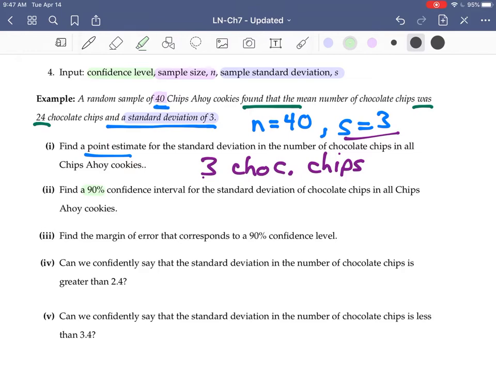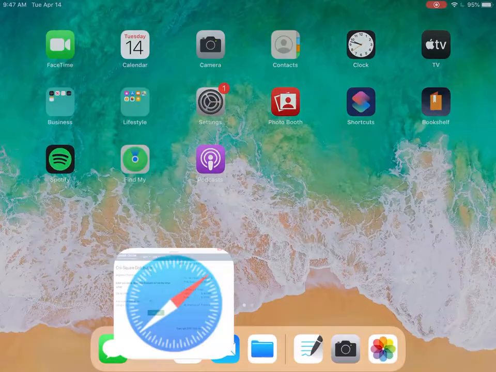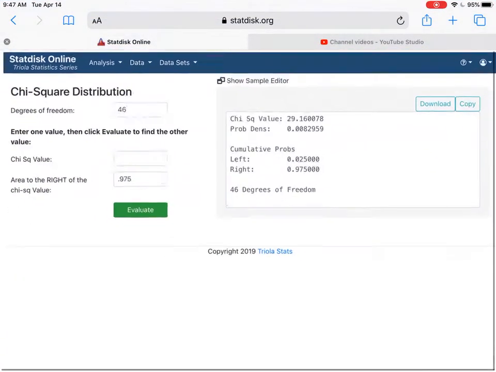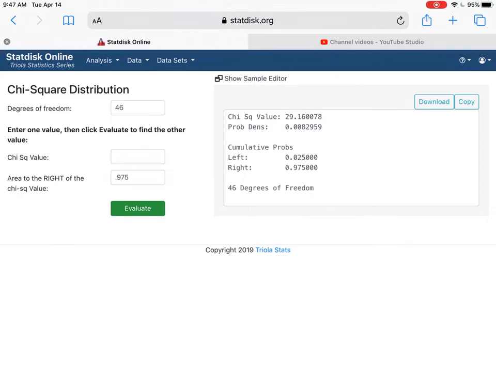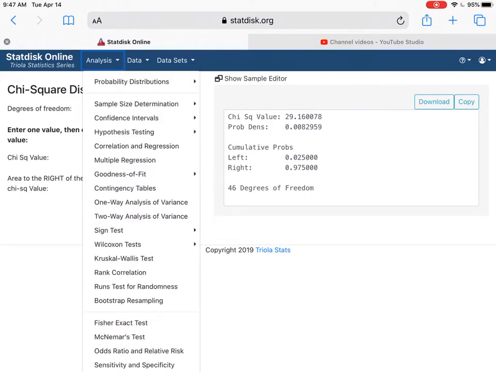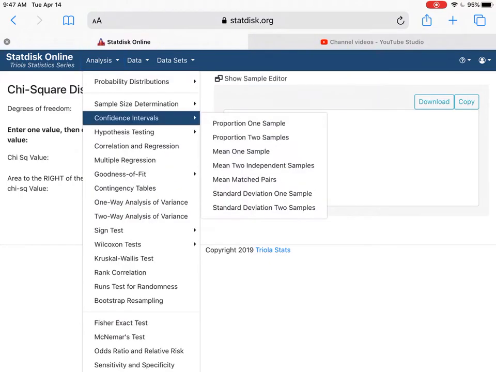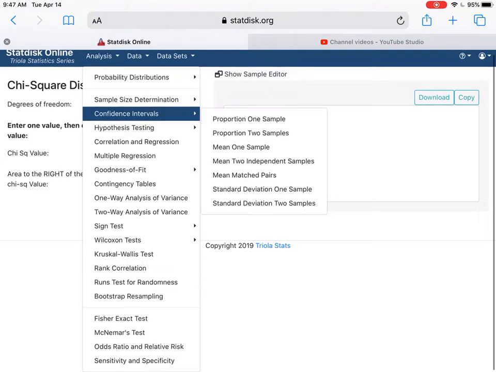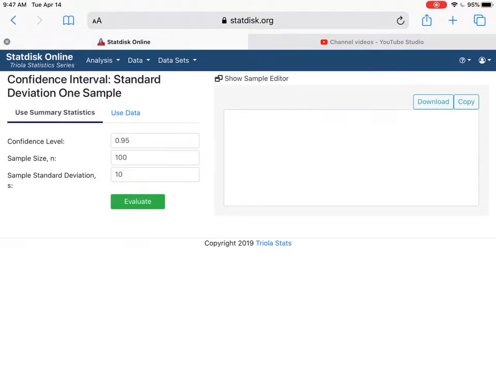We're going to go to StatDisk and construct this confidence interval. Here in StatDisk, we choose Analysis, then Confidence Intervals. We're trying to come up with a confidence interval for a standard deviation with just one sample, so we choose Standard Deviation, One Sample.